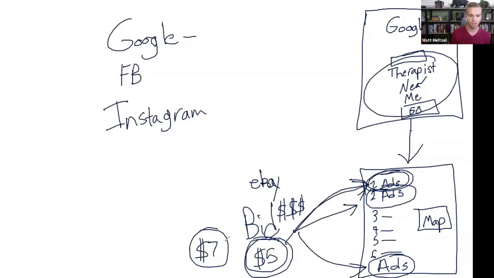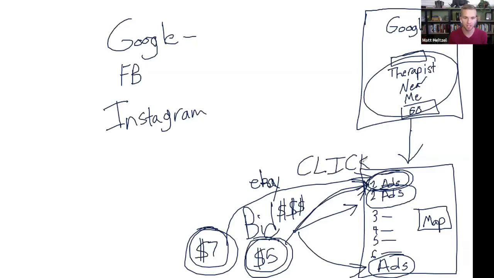And then this guy's going to come in and actually get the top spot because he put in a max of 7. And this is per click. So I do not pay any money unless somebody actually clicks. Okay, got it?